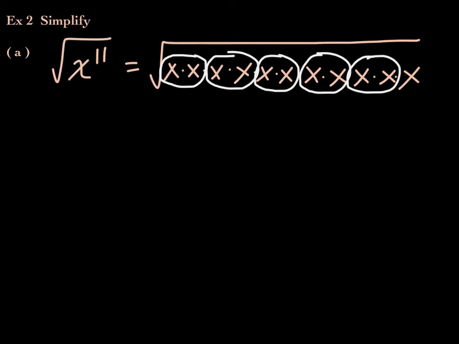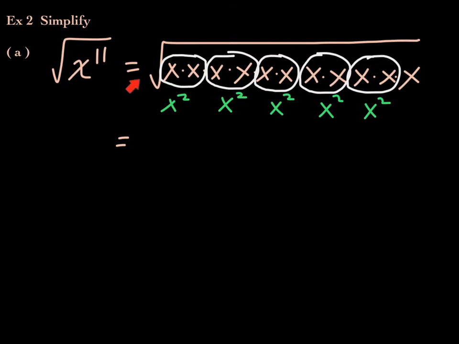So then I can rewrite this as, the first group is the square root of x squared. This represents x squared, this represents x squared, this represents x squared, this represents x squared, that represents x squared. So really, I'm going to do this piece by piece.